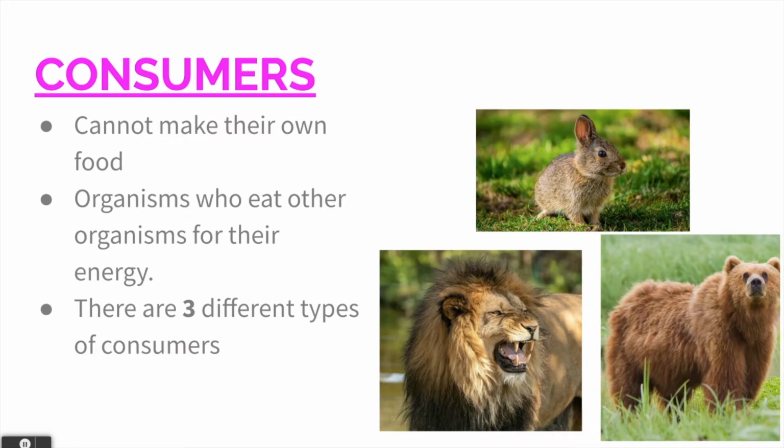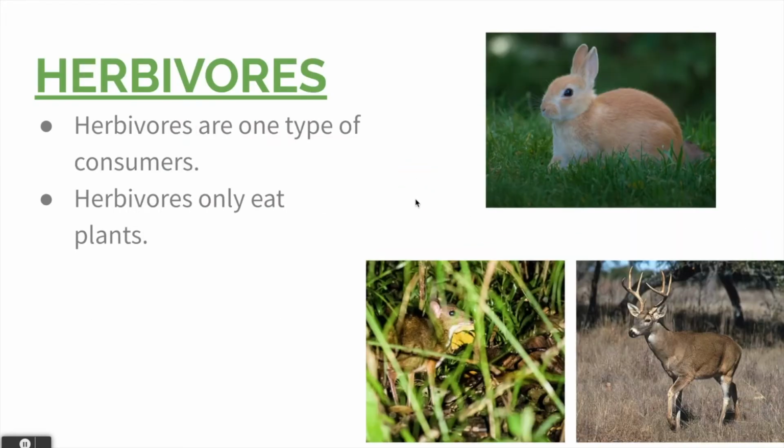So there are three different types of consumers. A hare, a lion, and a bear are all examples of consumers, but each of these different organisms has a different preference for what they like to eat.